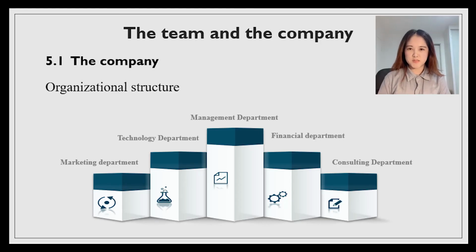Our company's organizational structure is composed of 5 departments, which are management, technology, finance, marketing, and consulting. Now the scale of the company is small, so the 5 departments need to cooperate with each other.